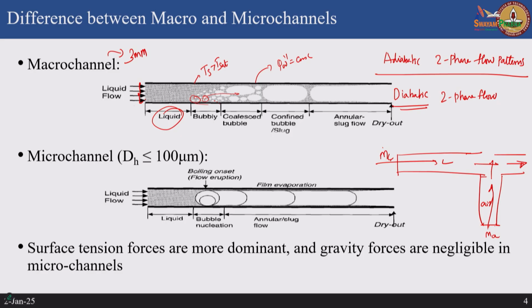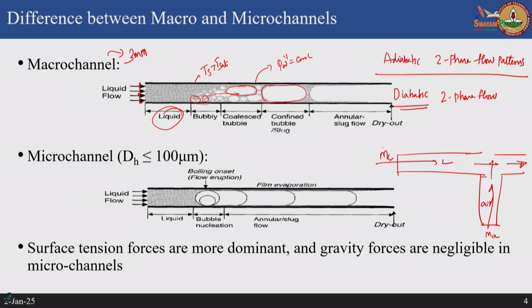So as the surface temperature progressively increases above saturation, you see that the bubble sizes become larger because you are adding more heat to the bubble. More fluid is getting converted into vapor, and these pockets of vapor enlarge in size, and as you go downstream it comes to a point where the bubble cannot grow anymore because it occupies the entire diameter of the tube.